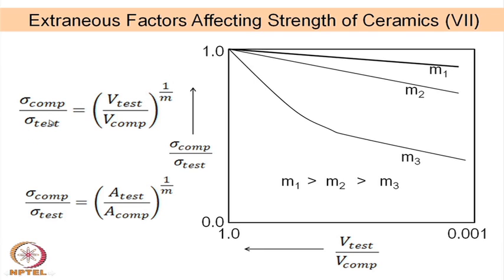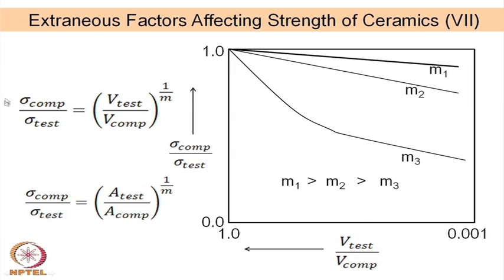This stress ratio is a function of the volume ratio to the power 1 by m. M is once again the Weibull modulus, and you plot that as a function of the volume of the test specimen to that of the component, how much volume you have taken out of the total solid for the test purpose.